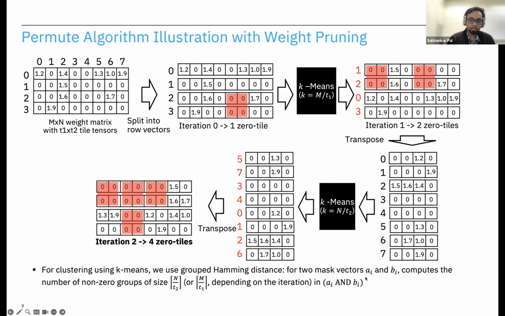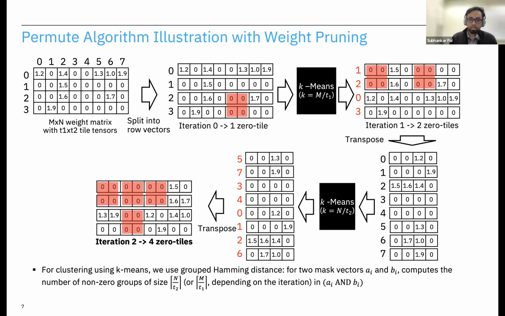If there are 2 points in the k-means space, ai and bi, we would first quantize them, so any non-zeros become ones and any zeros remain zeros. And then we do an AND of ai and bi. And then we look at how many groups of a certain size are non-zeros, and that count gives us the distance.